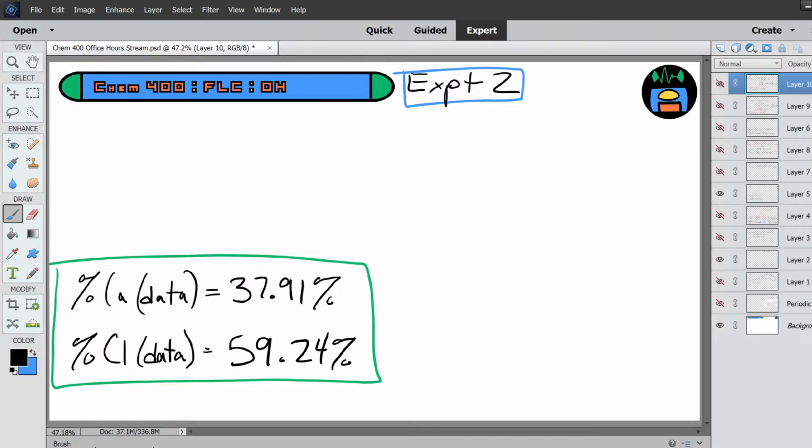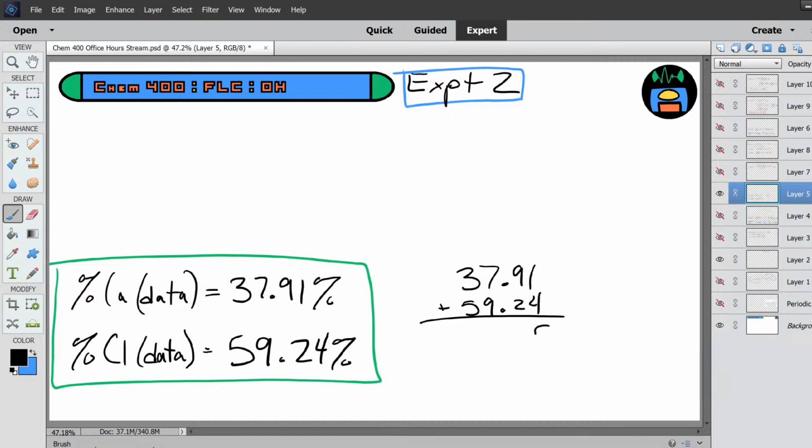For my data, 37.91 plus 59.24 adds up to be 97.15%, less than 100, which we know it's not. If it's only these two things, it's impossible to be less than 100%. But that's just more evidence that there's error in our data, that our data somehow is flawed.